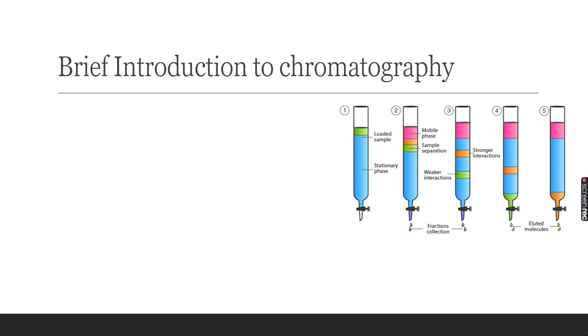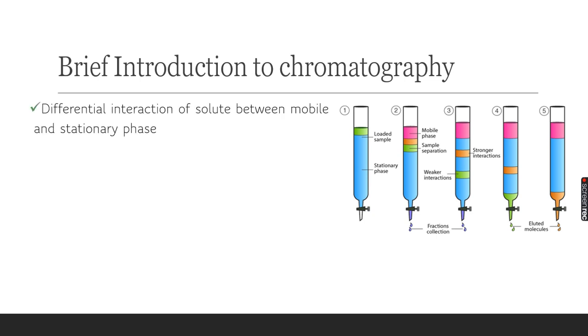The separation can be due to differences in their affinity or binding to the stationary phase, or the compounds having different partition coefficients, so they move at different rates. Finally, compound 1 or compound 2 can be separated out of the column, coming out in different time frames. So basically we are exploiting the differential interaction of solute between mobile phase and stationary phase.